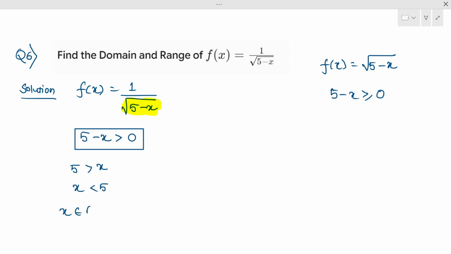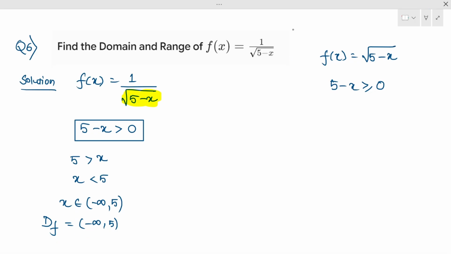That means x should belong to minus infinity to 5. So the domain is minus infinity to 5. That's it. Clear?